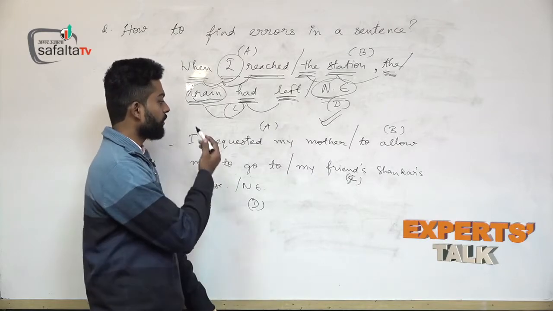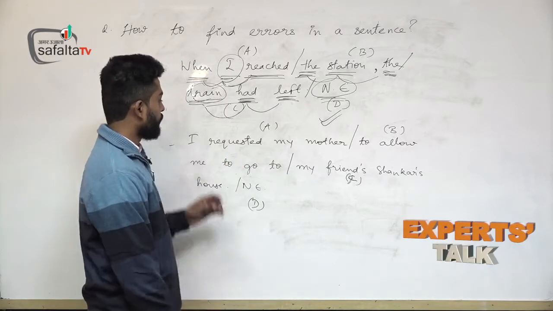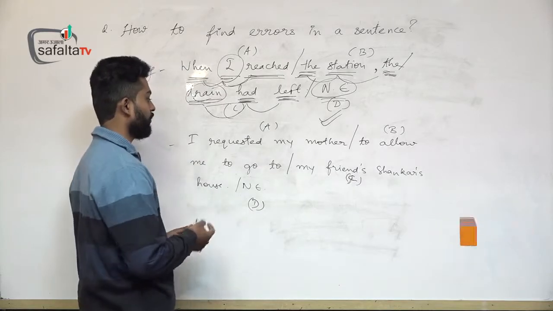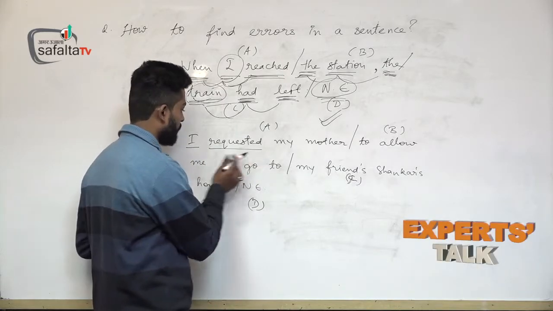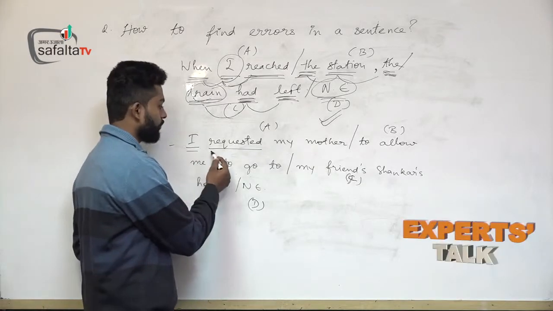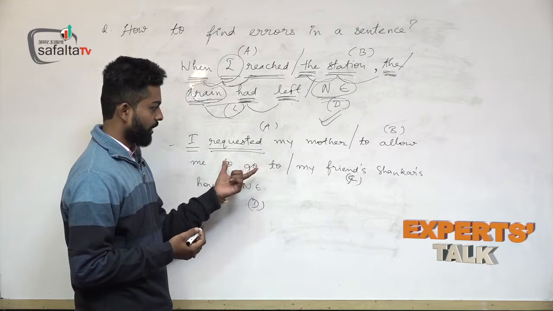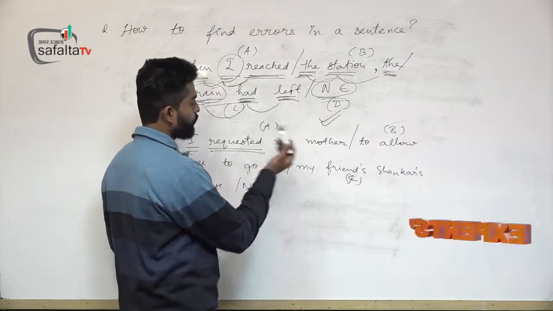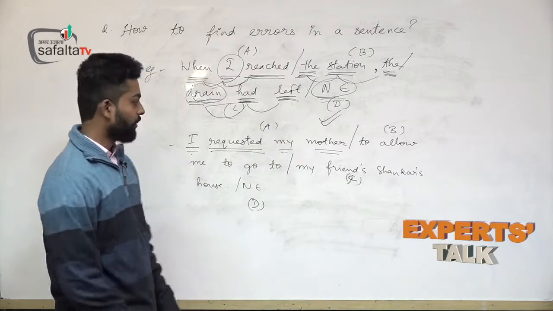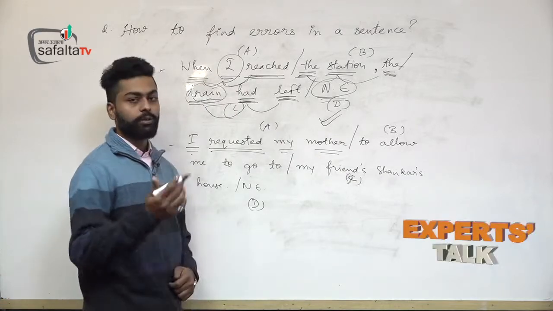So when you are going to find the error in this sentence, see this sentence word by word. I requested, I means मैंने या मैं, and according to I, requested is used, which is correct. After that, I requested to whom? My mother. In this part of the sentence there is no error, and how do you come to this decision?